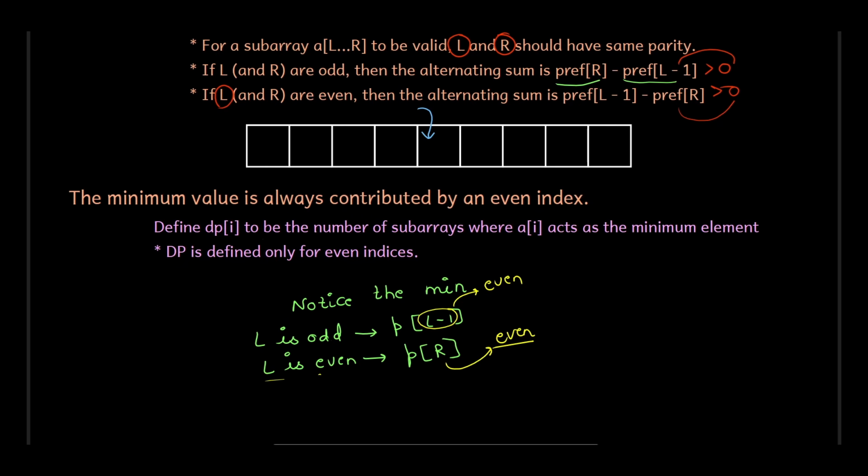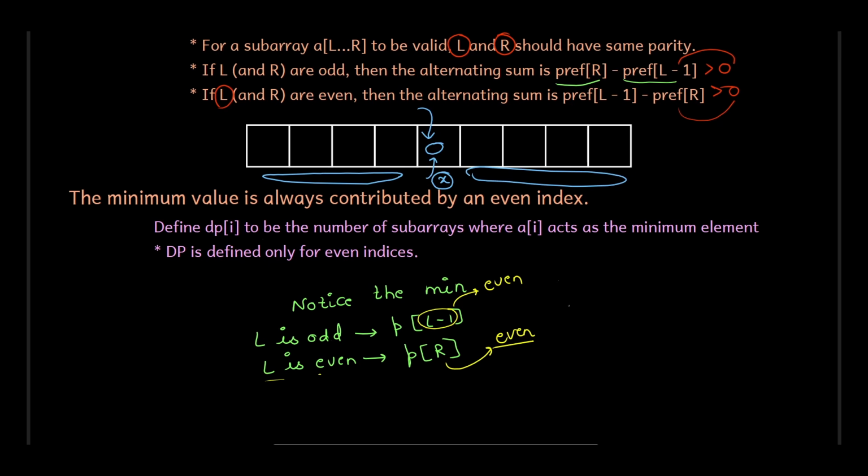So if you define your DP like so, where A of I acts as the minimum element, then if I ask you to find out the DP value of this element, then you know that this has to be the minimum element X. Then you actually don't have to look only on the left hand side. You can look on the right hand side as well.